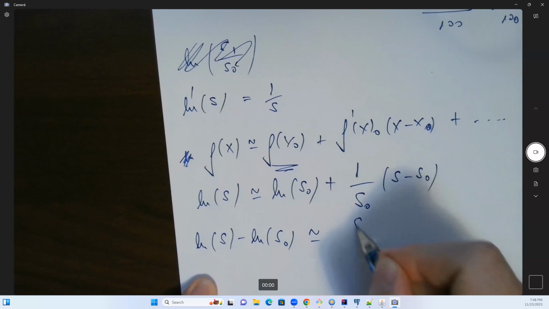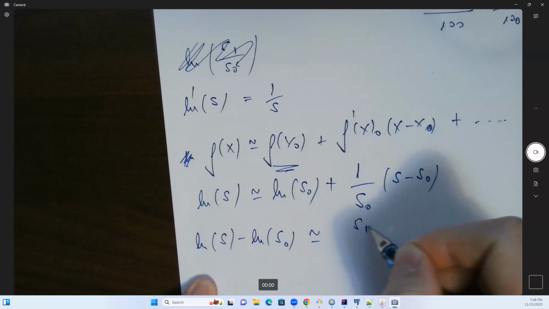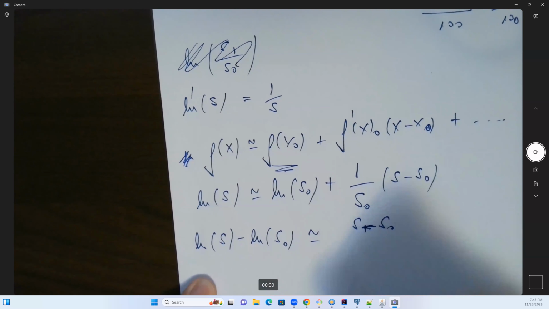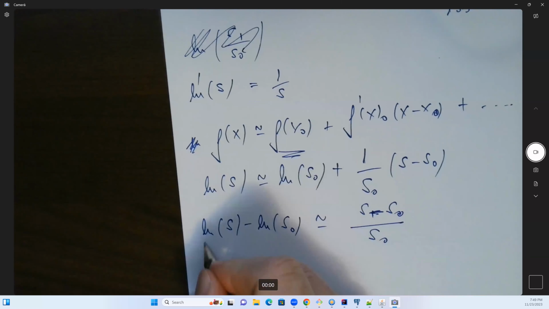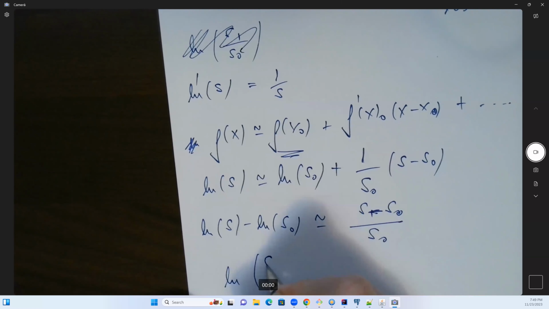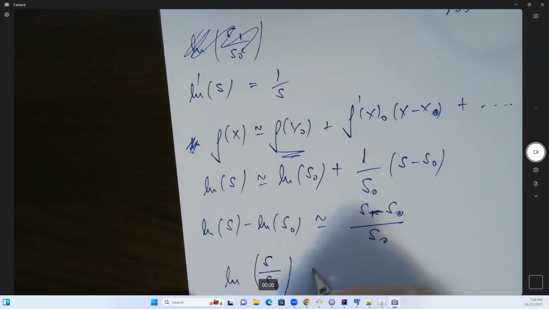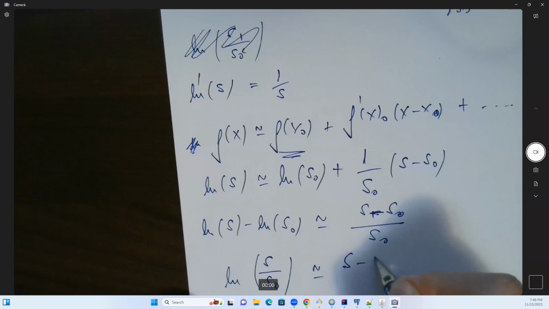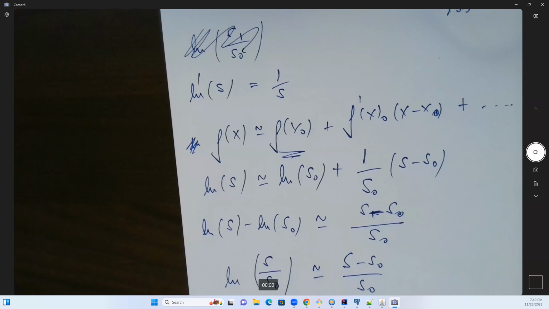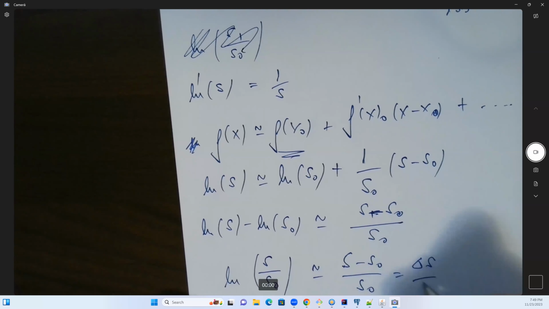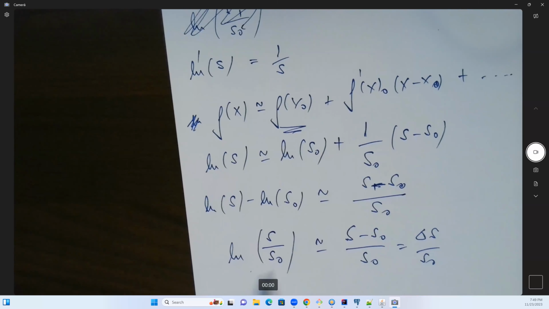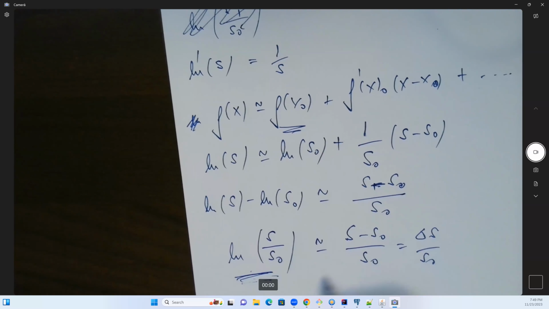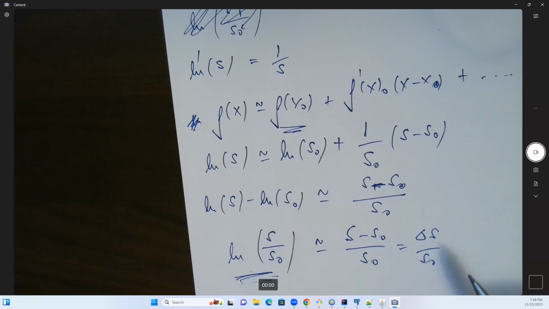It's approximately S, well, not S1, next S minus today's S over today's S. So we know that logarithm of S over S0 is approximately S minus S0 over S0. So we see why these formulas are very close, because logarithm of S over S0 is an approximation of the relative change.